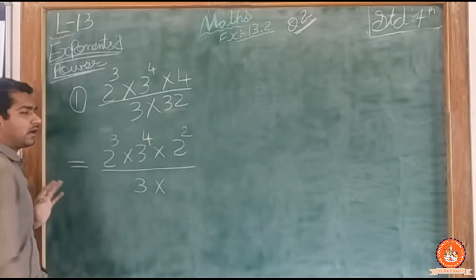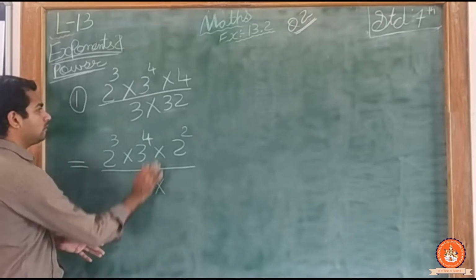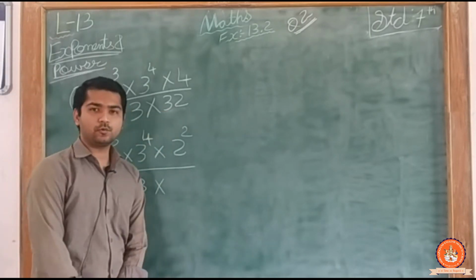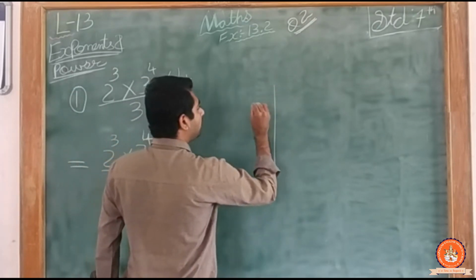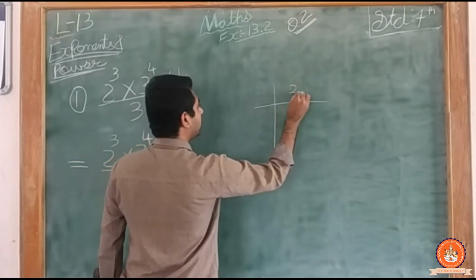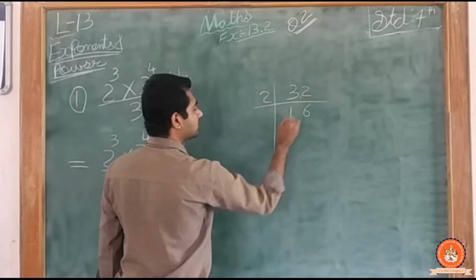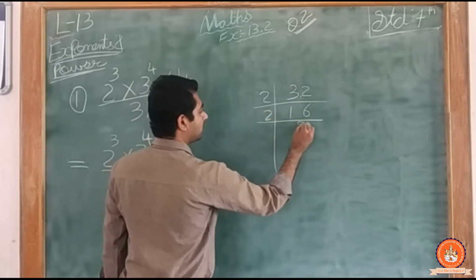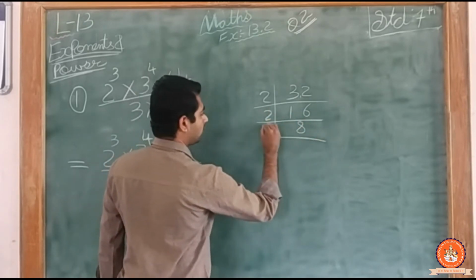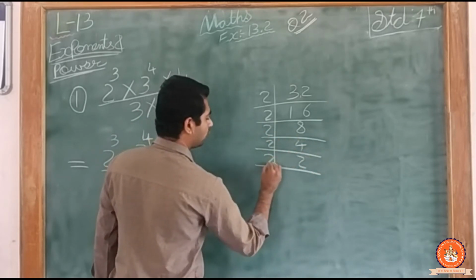32, I have to convert it into simple form. Clear? 2 and 3 form. So 32. So what I will do? First of all I will think, then I will do simple prime factorization. So 32, that means 2 16s are 32, 2 8s are 16, 2 4s are 8, 2 2s are 4 and 2 1s are 2.